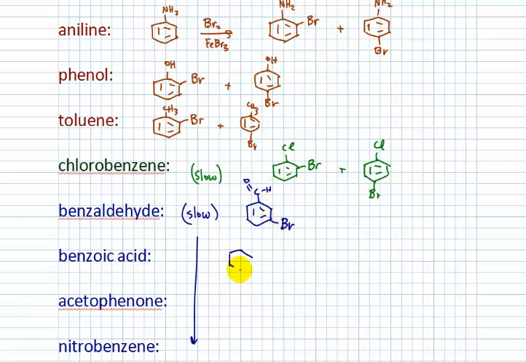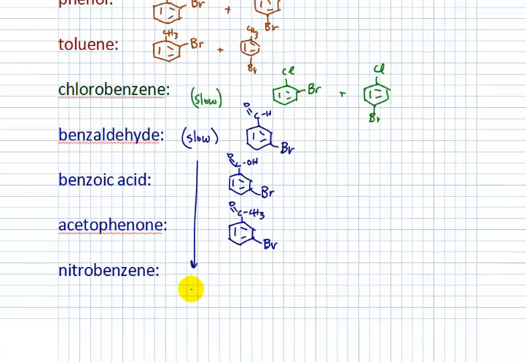Benzoic acid, C double bond OH, meta bromo. Acetophenone, C double bond OCH3, meta bromo. Nitrobenzene, NO2, bromine, meta to it.